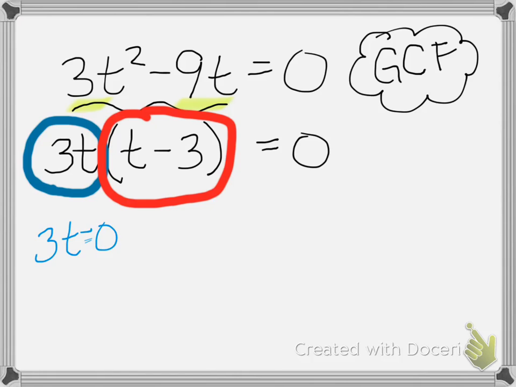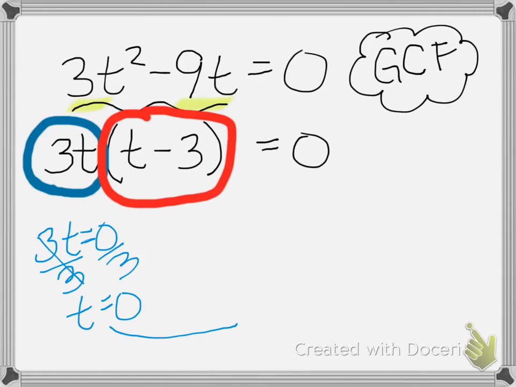Well, I know that 3 times t has to equal 0. I can divide by 3 on each side. But you probably already thought, well, hey, wait a minute. The only thing that equals 0 is when you multiply by 0. So t can be 0. So 0 would make this whole equation true.